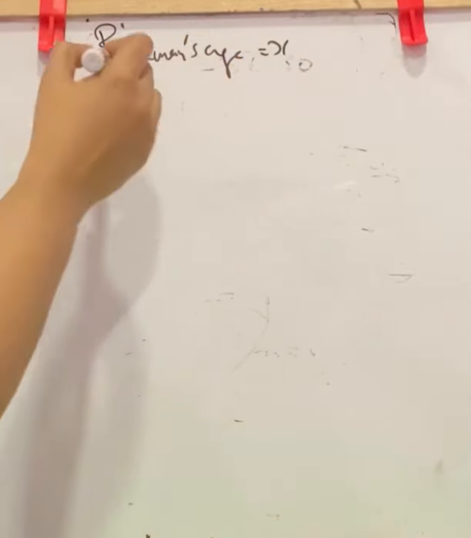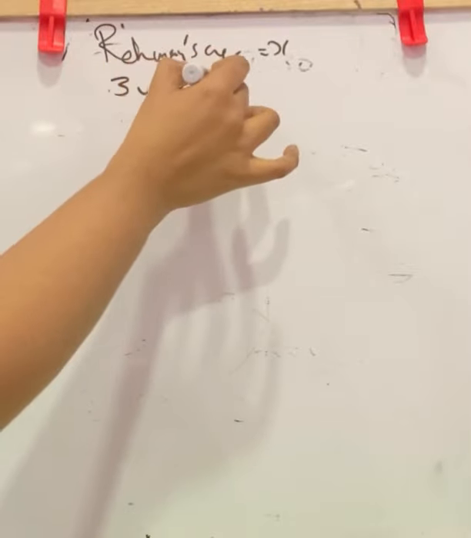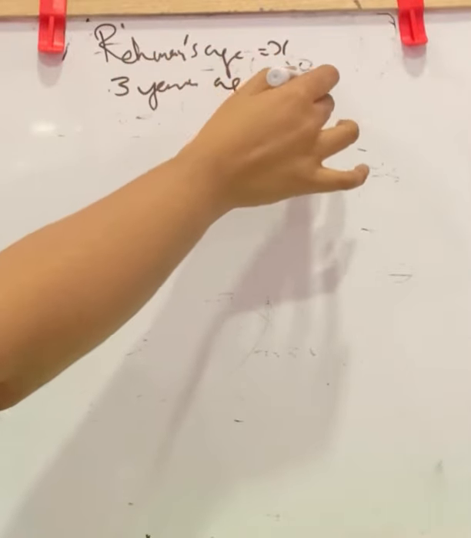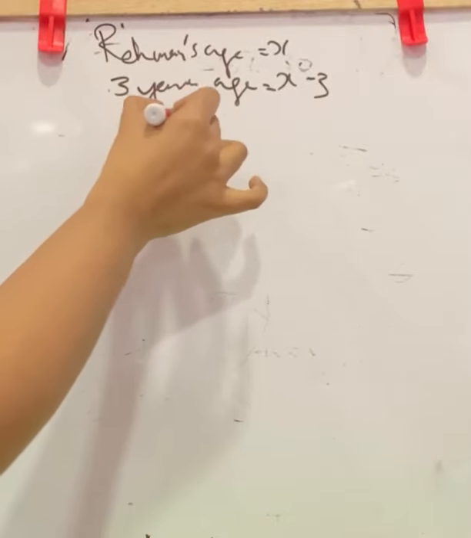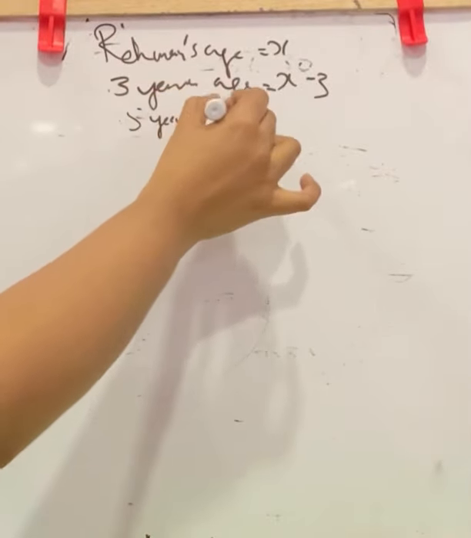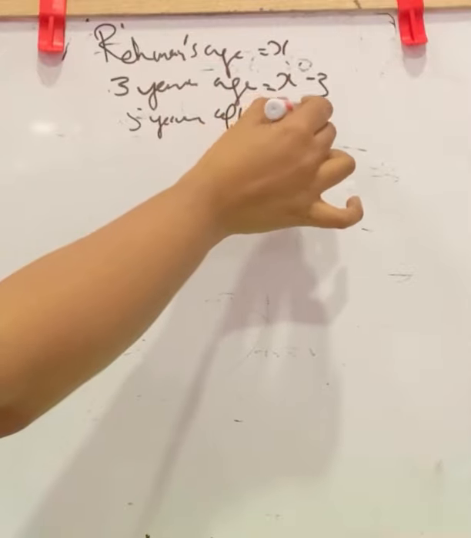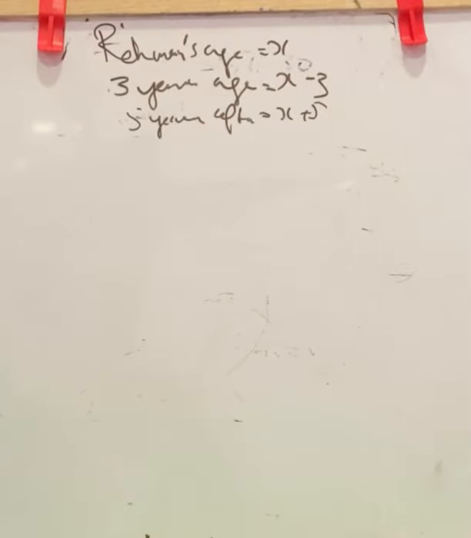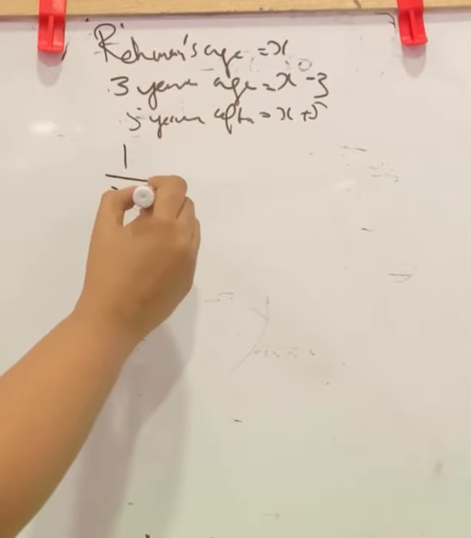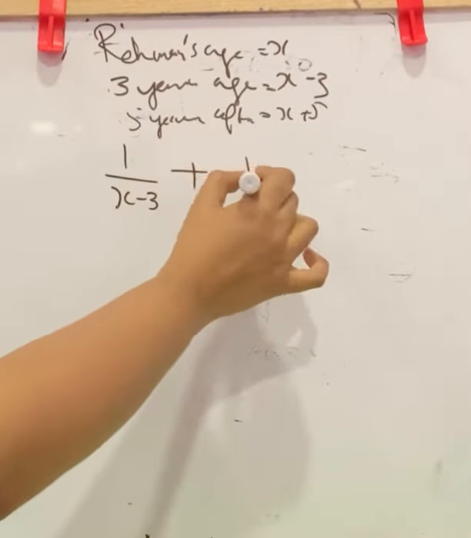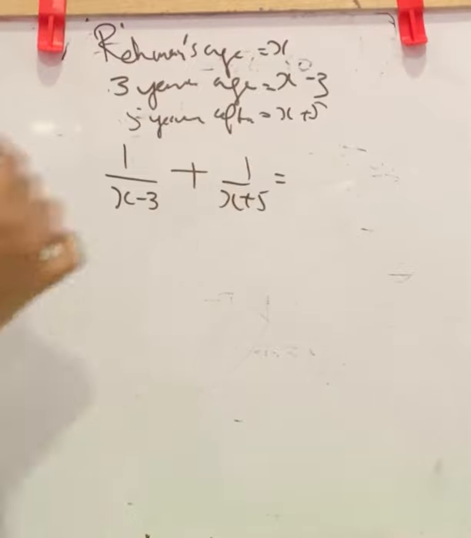So 3 years ago it will be x minus 3, and 5 years from now, means after 5 years, it will be x plus 5. Sum of the reciprocals of these ages, that is 1 by x minus 3 plus 1 by x plus 5 equal to 1 by 3.